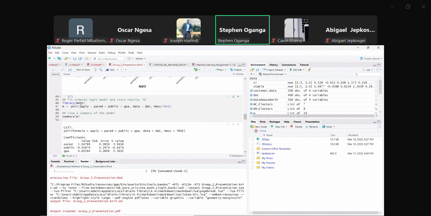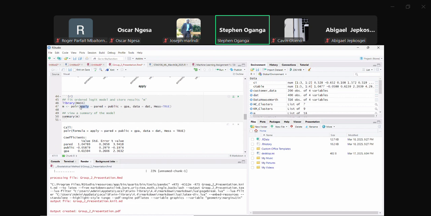So we went ahead and fit the ordered logit model. We had to use the MASS package. So we installed it, and then we called it using this library, MASS, and we ran the ordinal logistic regression.